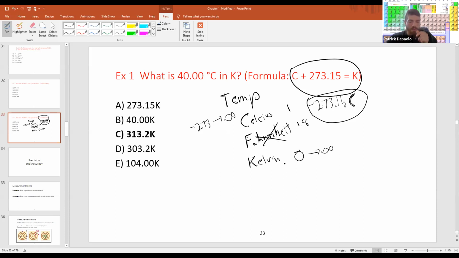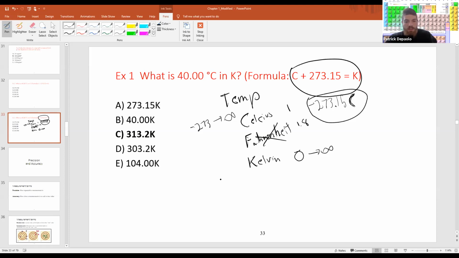Now, a good question would be, Professor, what is the coldest anything's ever gotten? Well, I'll give you a comparison. 0 Celsius is freezing water, and it's pretty cold for us, right? So 0 Celsius is going to be 273 Kelvin.